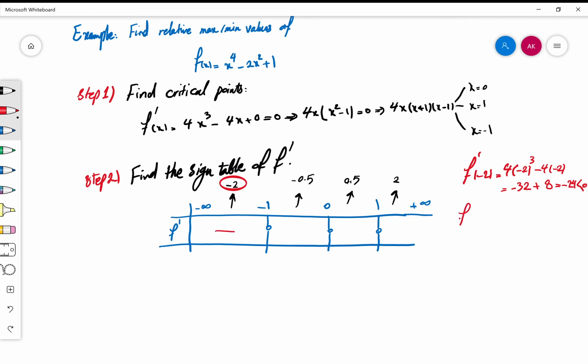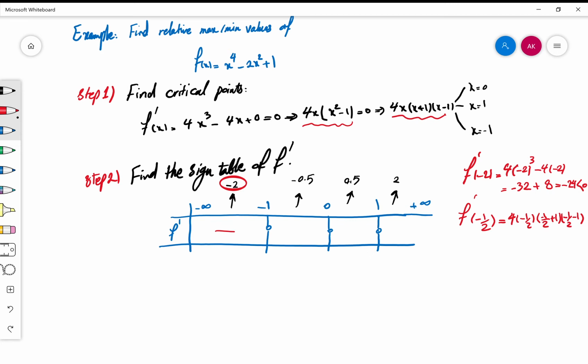How about f prime at the other sample value? Let's just put negative 0.5, which is negative 1 over 2. Maybe I can use this version of f prime, which is 4 times negative 1 over 2, negative 1 over 2 plus 1, and negative 1 over 2 minus 1.